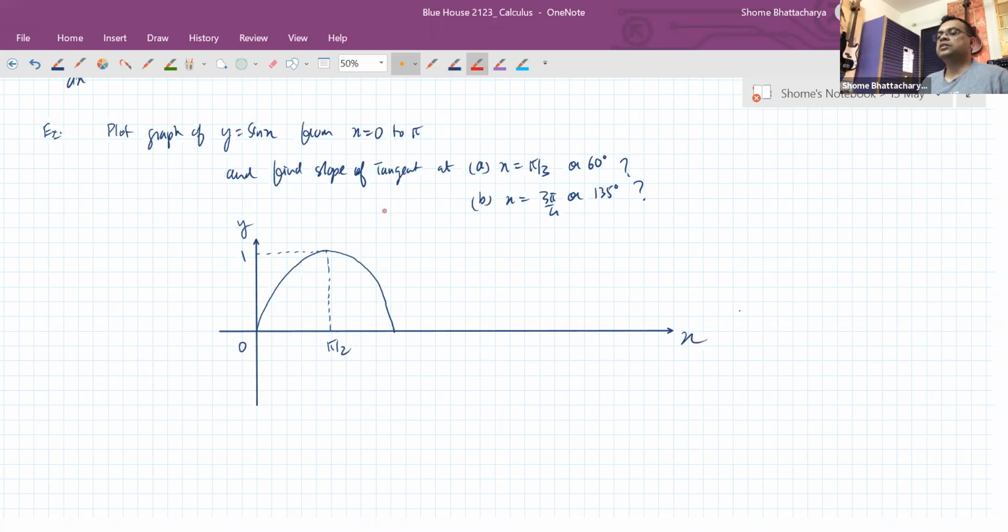So some sort of shape like this we will get. Where, for example, we can see that at pi by 6, which is 30 degrees, the value is half. At pi by 4, which is 45 degrees, the value is approximately 0.7.